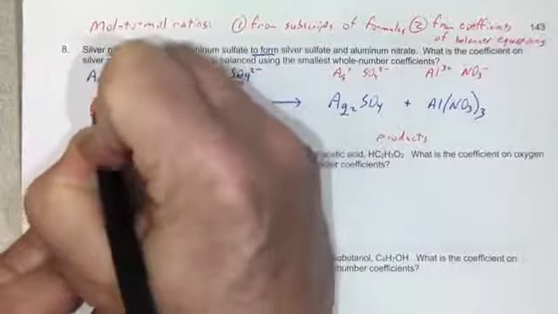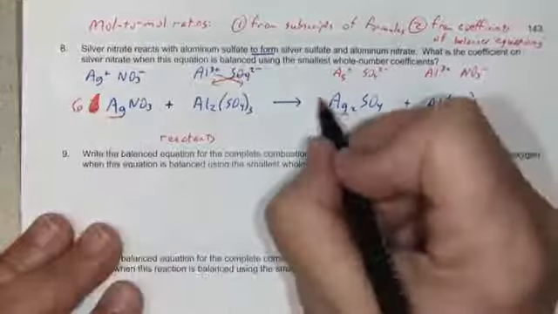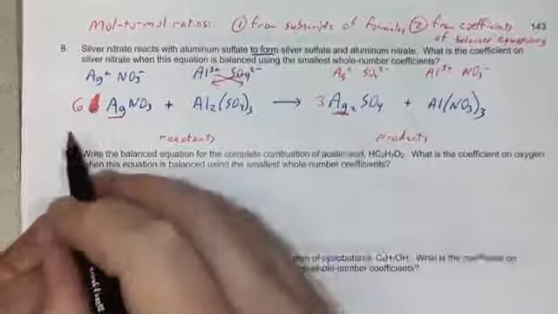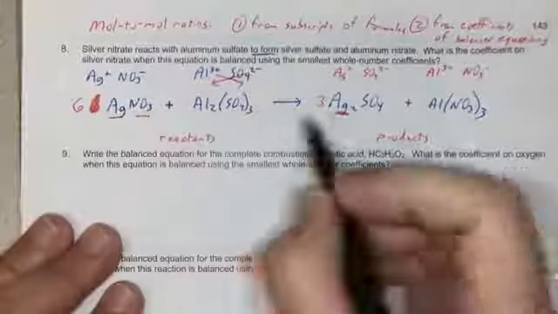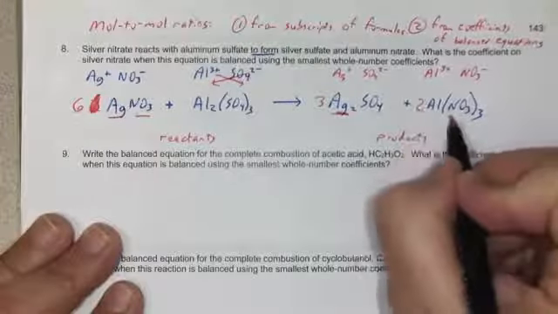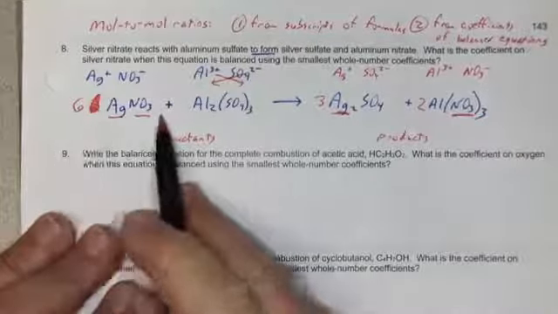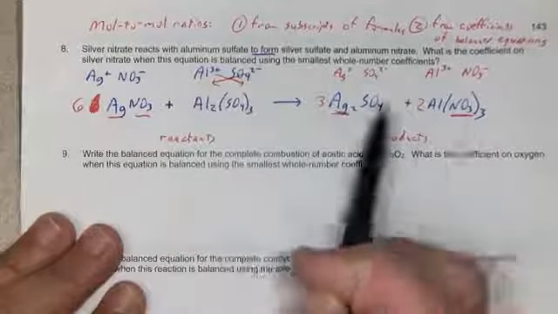So I'm going to just cross this out. 6 is the coefficient. 6 silvers, and then 3 times 2 gives me 6 silvers. So now silver is balanced. 6 nitrates, and so over here I need 2 times 3 gives me 6 nitrates. Now I hope you can see why I had to use 6 here. It's so that both the silver and the nitrate would cancel.